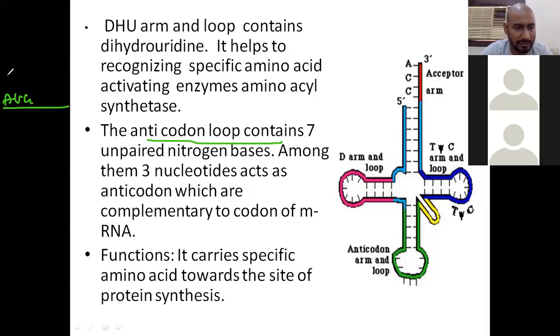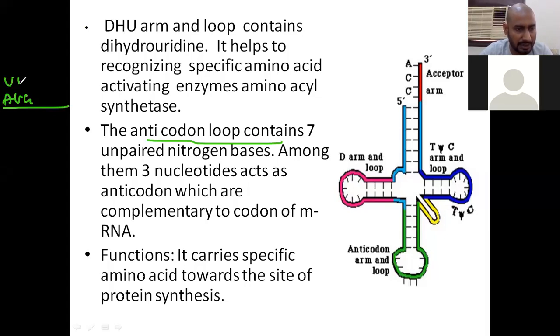Opposite of that it will be UAC. So UAC is present in the anticodon loop, and AUG is found in the mRNA strand, 5' to 3'. Clear?